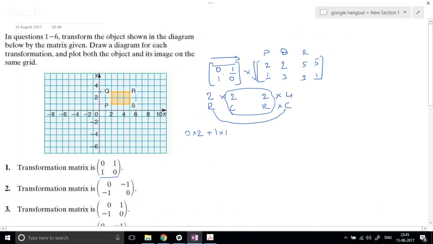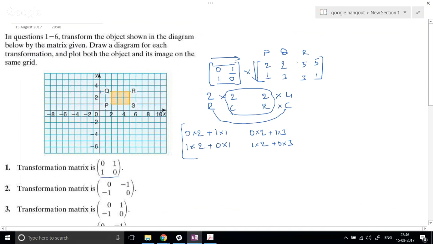Then second row with first column, 1 into 2 plus 0 into 1. Then first row with second column, 0 with 2 plus 1 with 3. Then 1 with 2 plus 0 with 3.